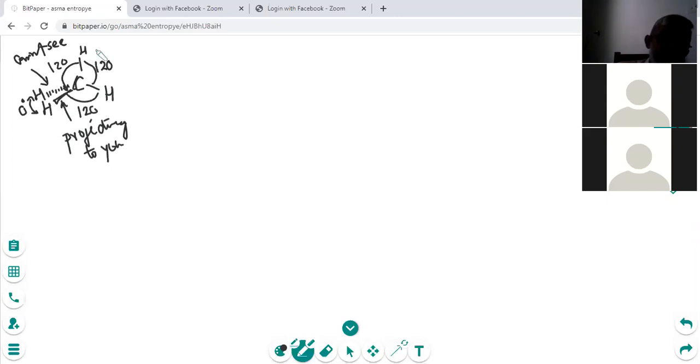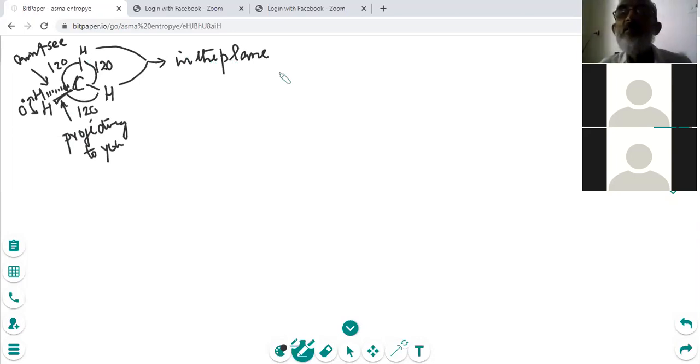And these two bonds are in the plane of the board. Now this picture very clearly tells you how to draw molecules. We have done all this stuff.